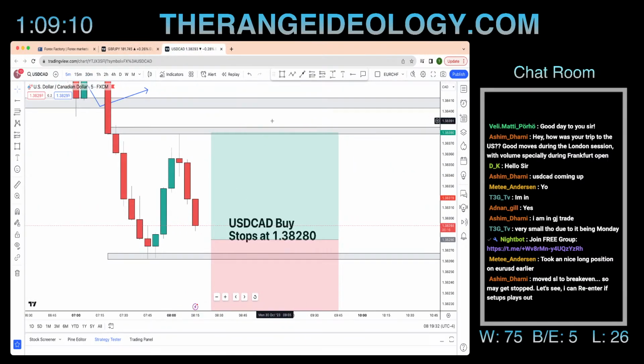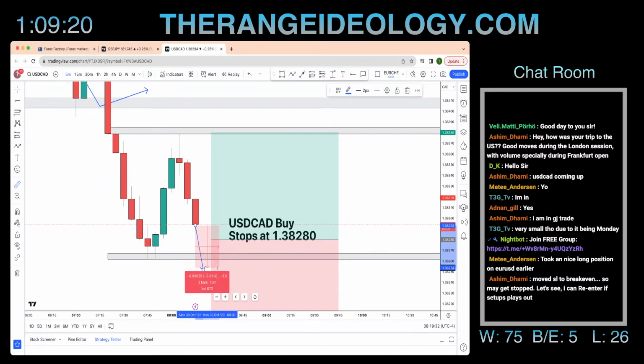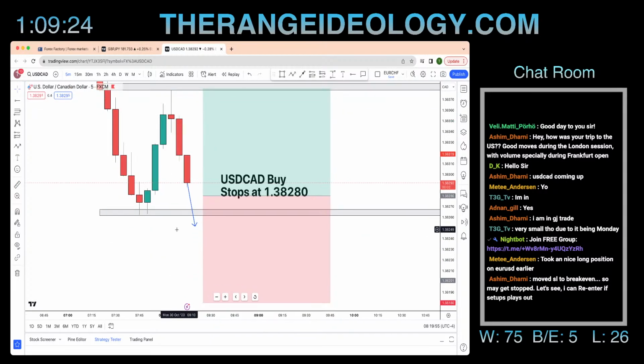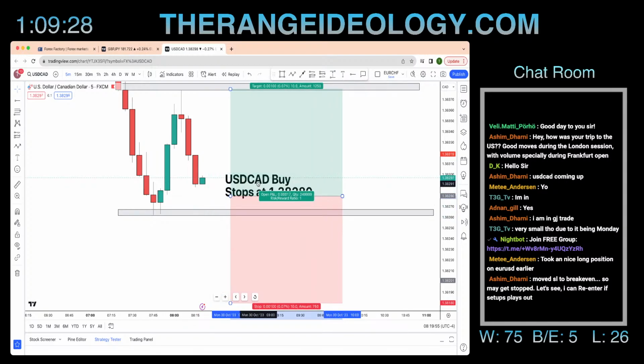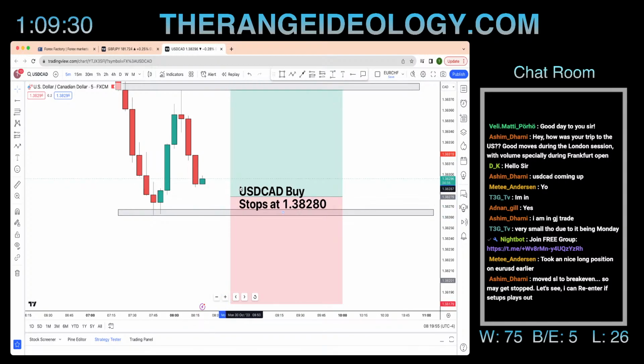All right, for me to enter USD CAD, guys, I need it to push below these levels here, maybe right around there. Another 3 to 4 pips, and I'll consider setting the buy stops for USD CAD. It looks like a clean range.